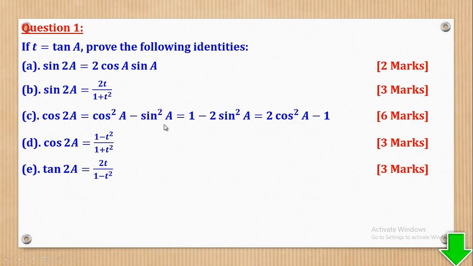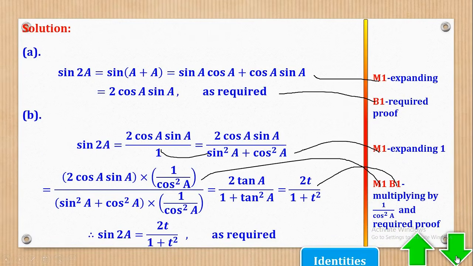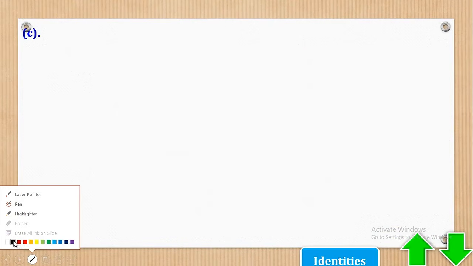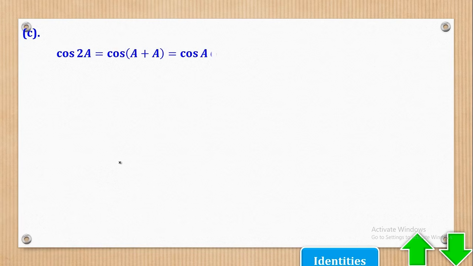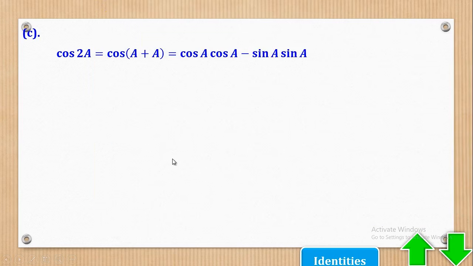I want to show this equal to this, equal to this, and equal to that. So we shall also use the compound angle formula. We know that cos(A plus B) is equal to cos A cos B minus sine A sine B. So the question is, if B is equal to A, what happens?